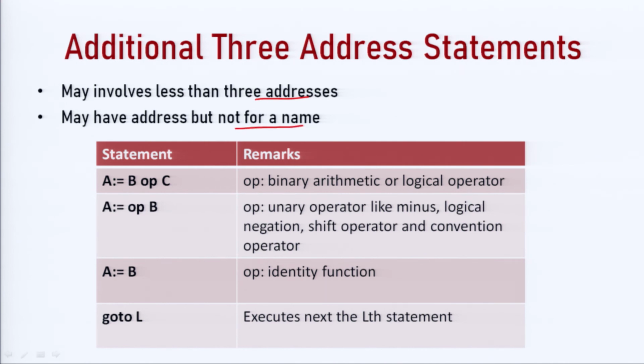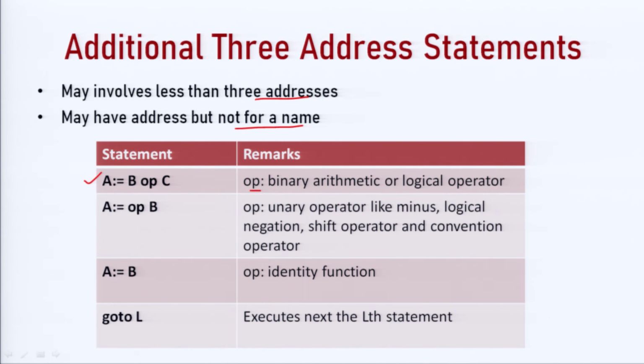Suppose these are the types of statements that are possible. First, A equal to B operator C is a generic statement having 3 addresses, that is, 2 operands and one result.